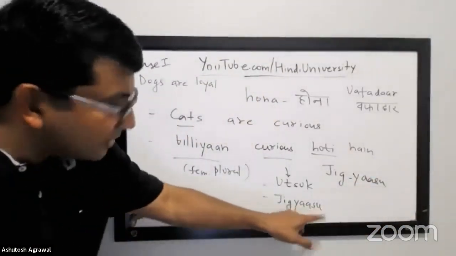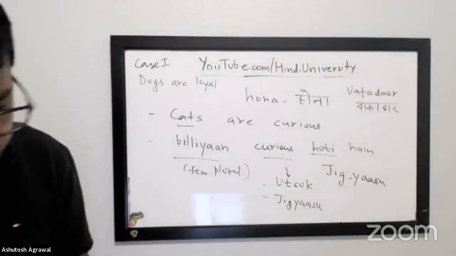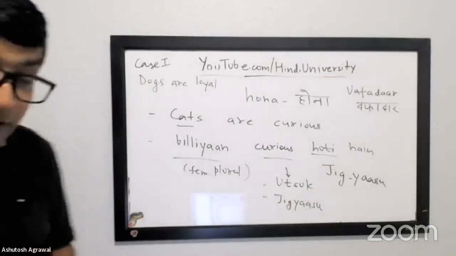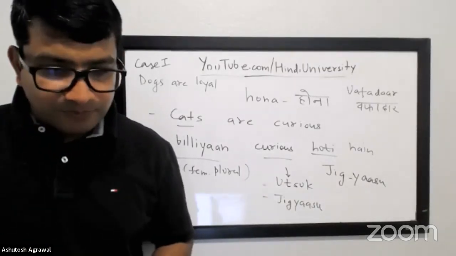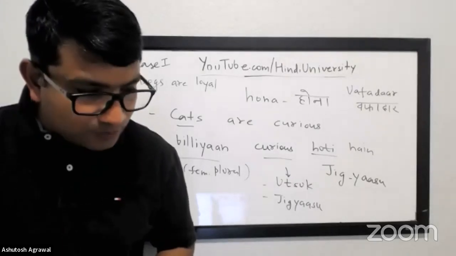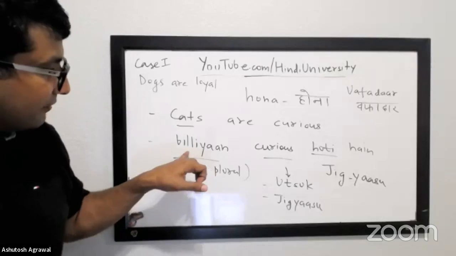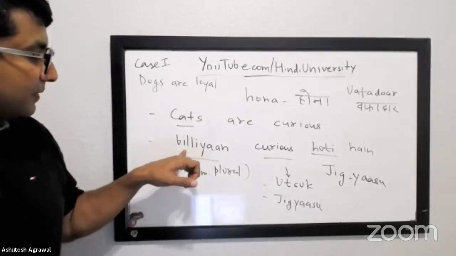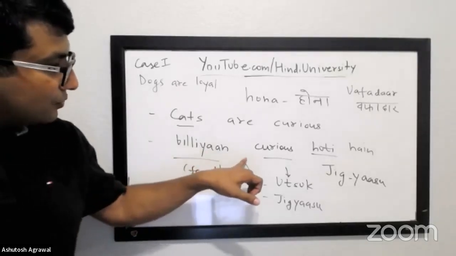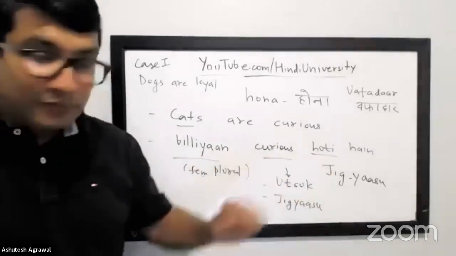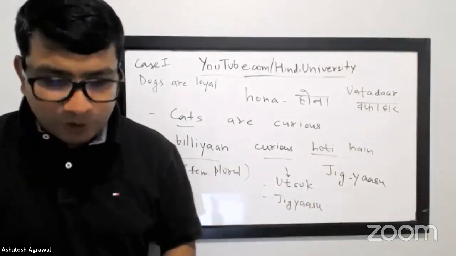So this is S and U. Oh, Jigyasu. Very good. One more time. Jigyasu. Say the full thing now. Billiyan jigyasu hoti hain. Beautiful. Billiyan jigyasu hoti hain. Amazing.